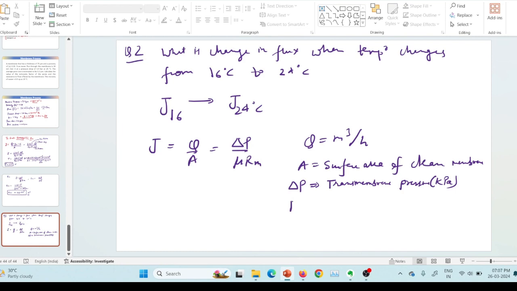Mu is dynamic viscosity. Unit is Pascal second. And then Rm is the membrane resistance coefficient.